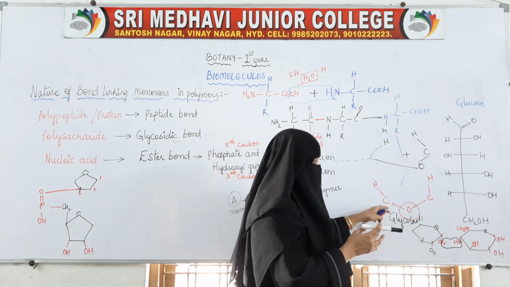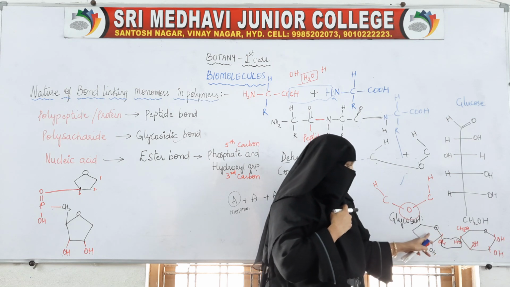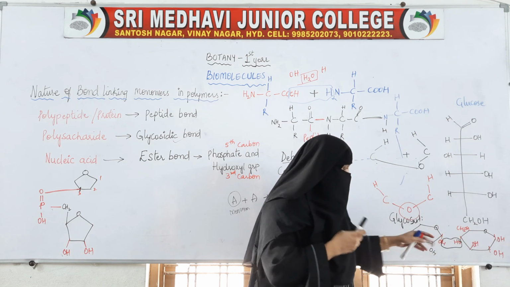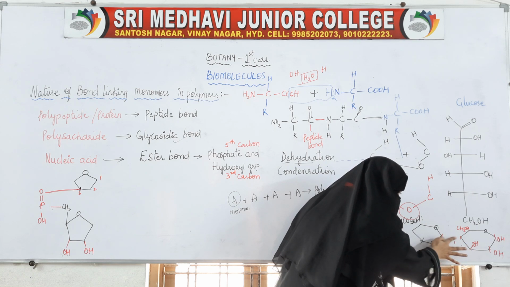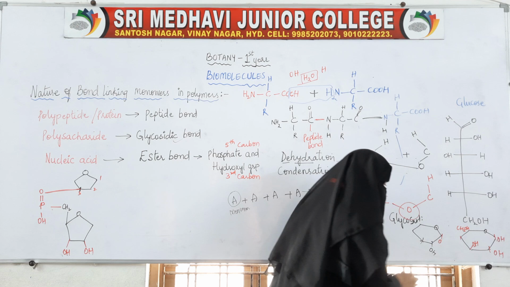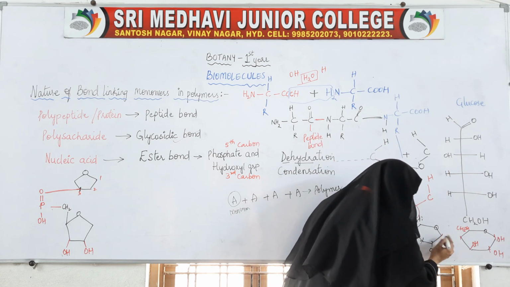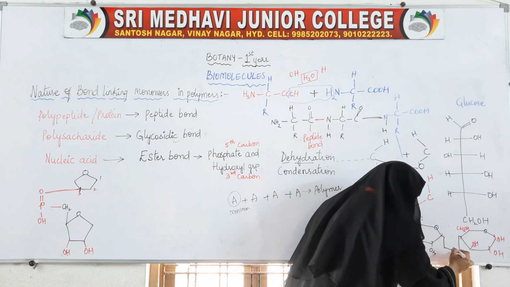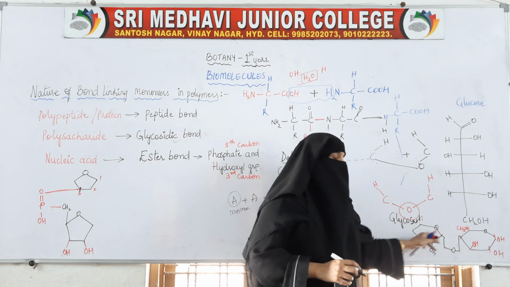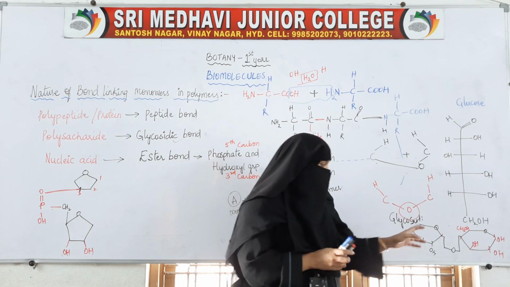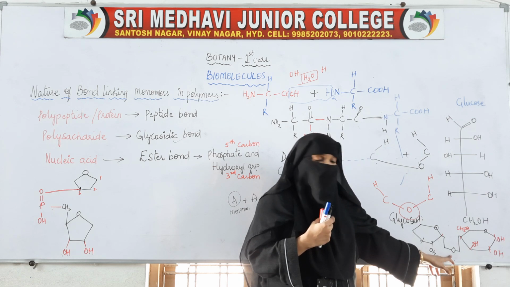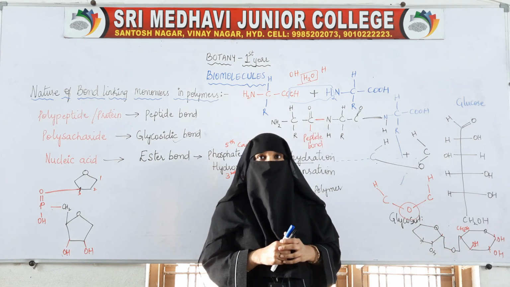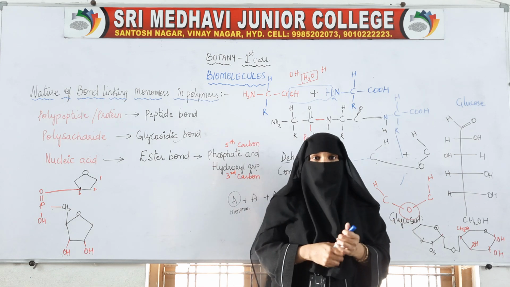In the structure form, this is one glucose molecule. Water molecule is removed, this is one H2O. I am removing this water molecule. What is present is oxygen. Now oxygen will be joining these two glucose molecules. This type of bond formation is called the glycosidic bond.